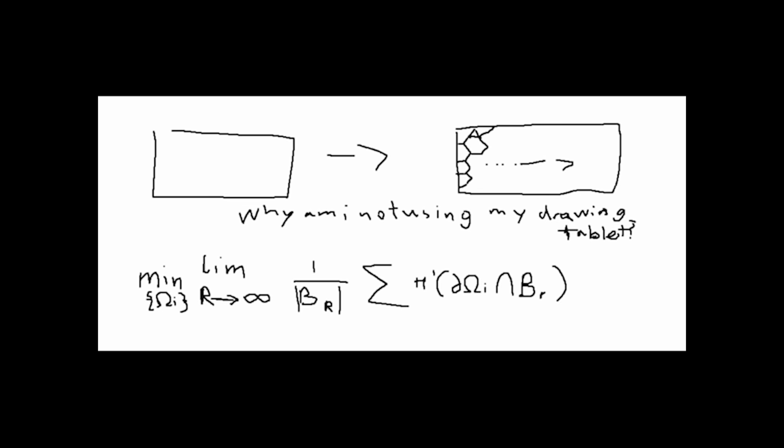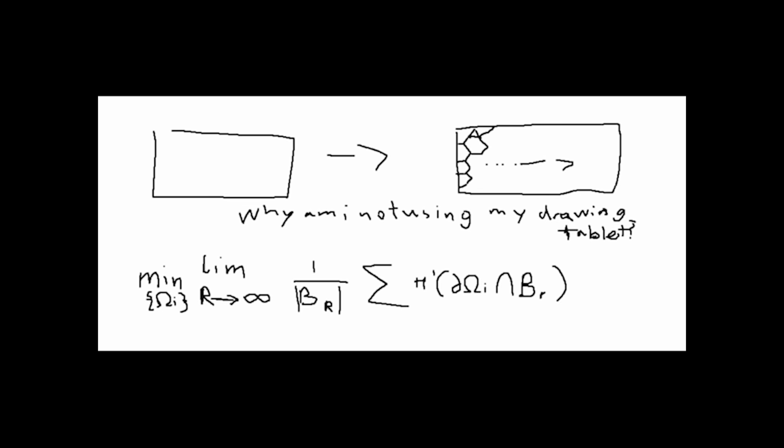And then B sub R is the city boundary, and then the absolute value is the total land area.